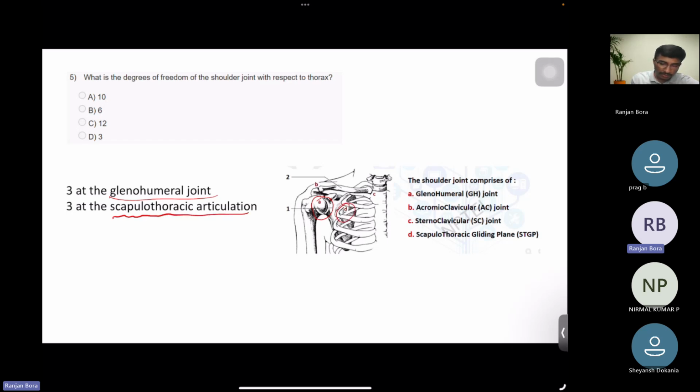So with respect to the thorax, we get 3 degrees of freedom at the glenohumeral joint and 3 degrees of freedom at the scapulothoracic articulation. So total 3 plus 3, we get 6 degrees of freedom.